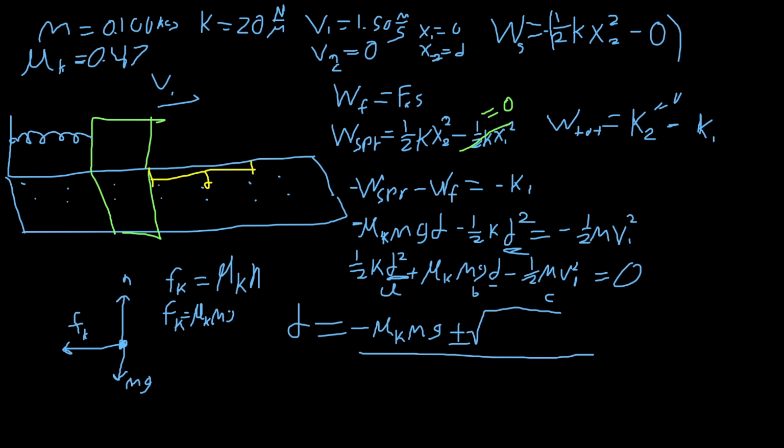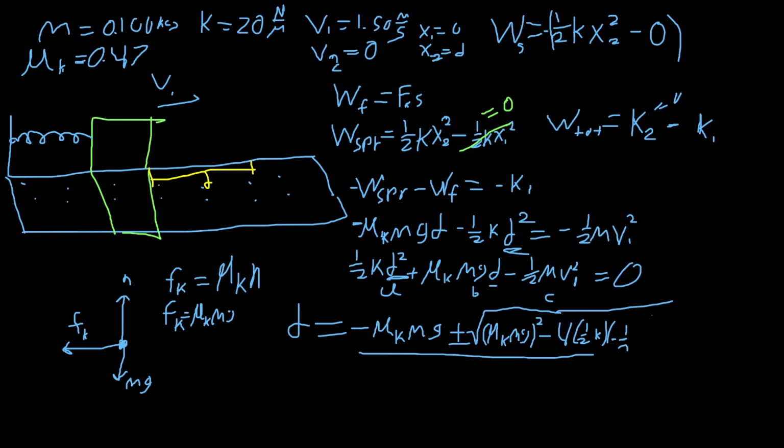And then you have B squared right here, so you have the friction coefficient times mass times g, minus 4. And then it's going to be A, so it's going to be one over two k times the negative of one over two mass times v1 squared.